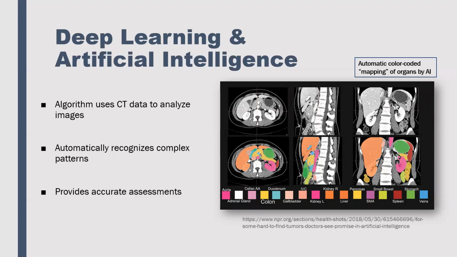Artificial intelligence methods excel at automatically recognizing complex patterns in imaging data and providing quantitative rather than qualitative assessments of radiographic characteristics. AI and deep learning algorithms may have the ability to diagnose deadly diseases and cancers before patients have any symptoms, at a stage where it's maybe even too subtle for radiologists to be able to detect them.